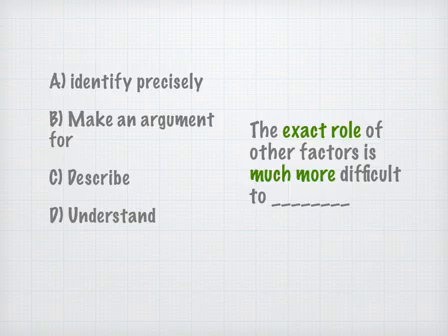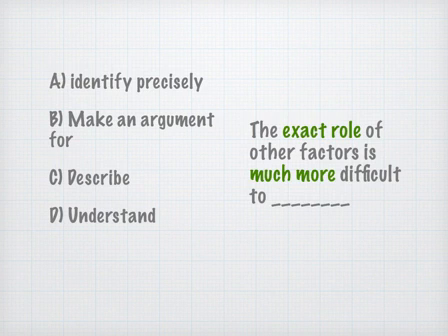The exact role of other factors is much more difficult to understand. From the level of detail that we've got in this particular paragraph, the factors do come together, but understanding them and how one role fits in with another could actually be a more logical choice here. So we could have the exact role of other factors is much more difficult to understand.